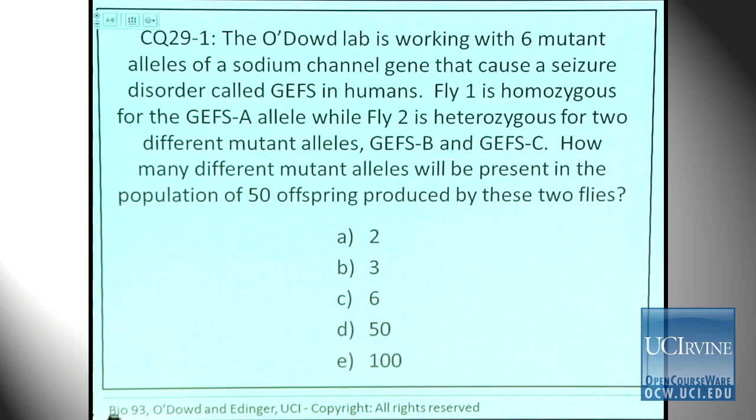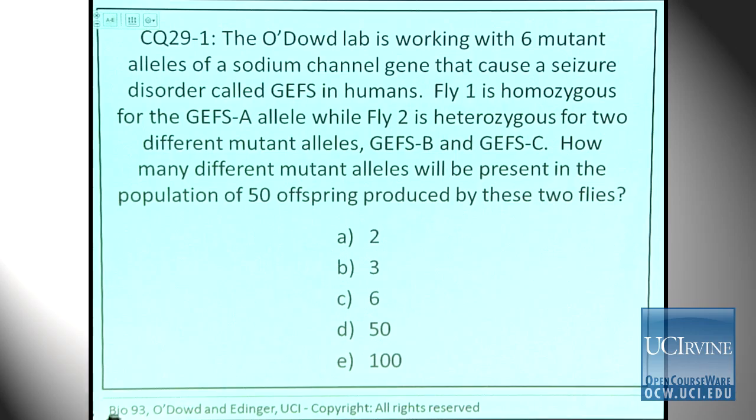So with two different mutant alleles, sometimes students get confused. We talked about homozygous recessive mutants, and now this one has B and C, and they're both mutant. Well, remember in class I talked about cystic fibrosis, and I put a problem up there where one person had the delta 508 mutation, and another person had an entirely different mutation, and both of them mess up the cystic fibrosis transmembrane protein.